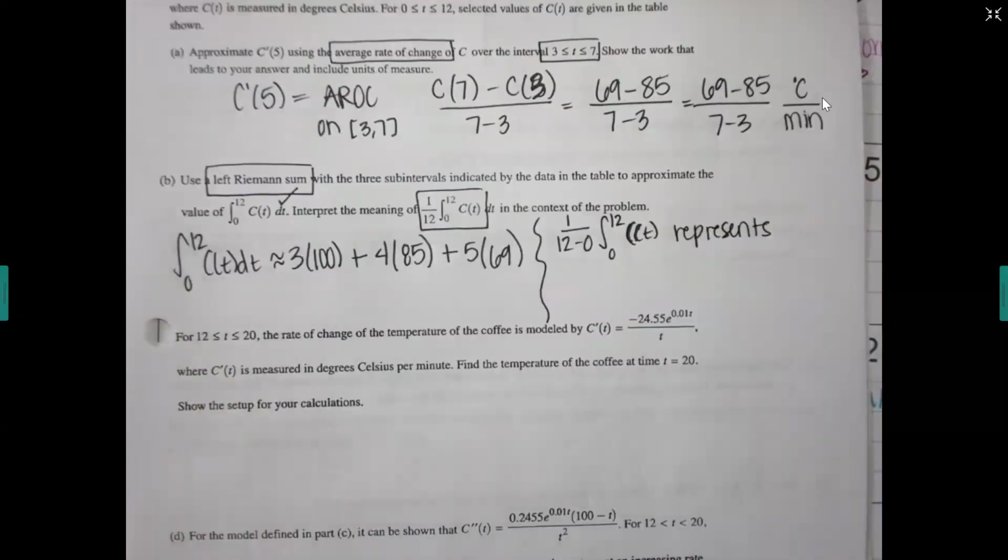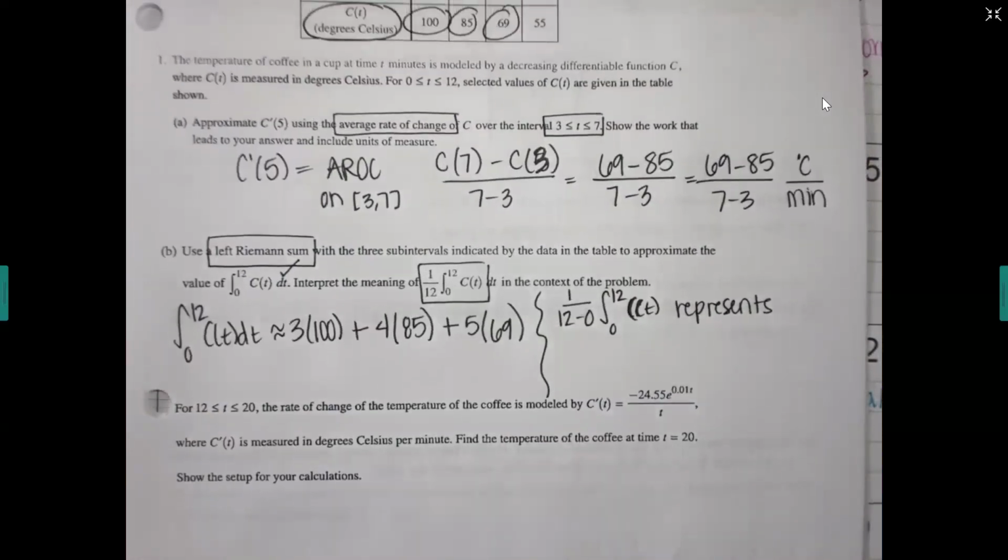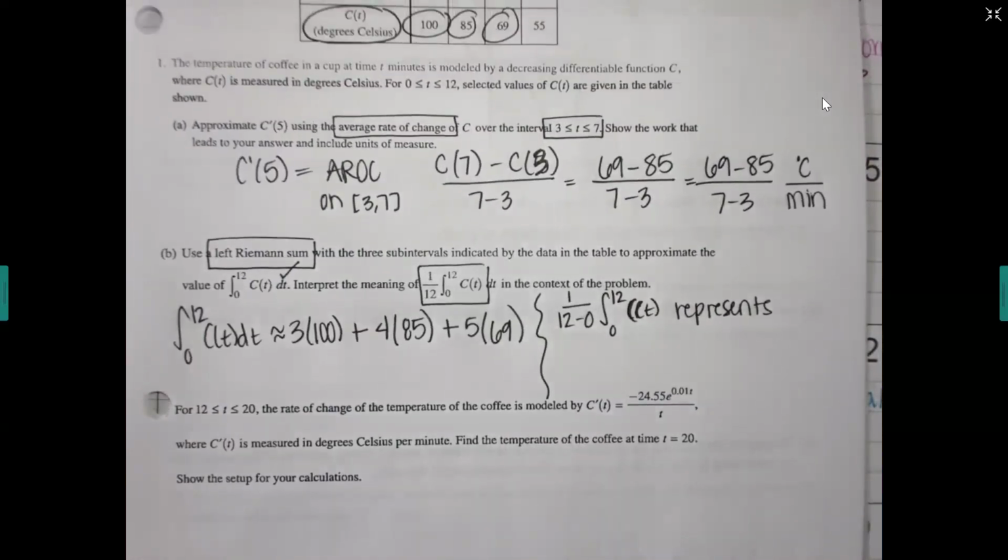Okay, that's what C of t represents. Now I want you to think about average value is short for average y value. So what do the y values in this table measure? The degrees Celsius of the what? Coffee. Then this would measure the average temperature of the coffee over that same time. Remember, average value is just average y value.